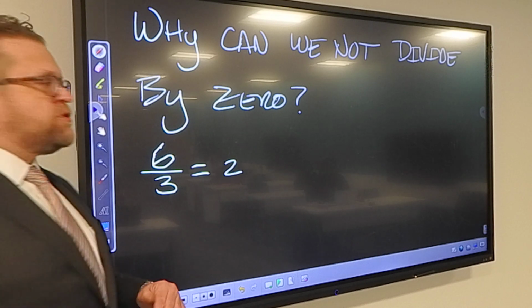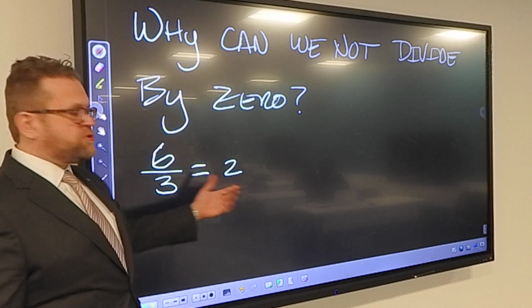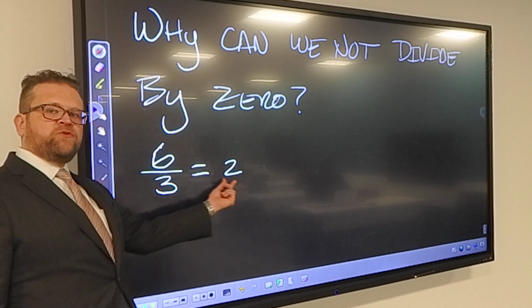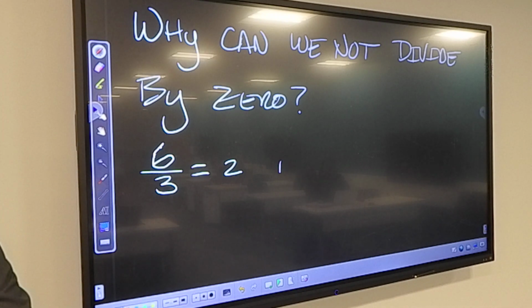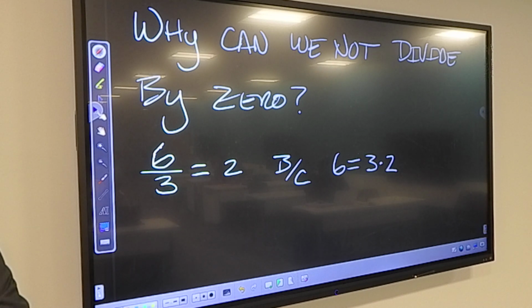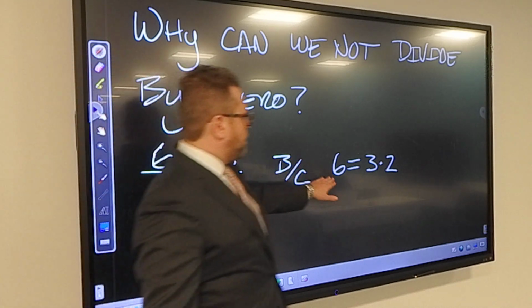But division is only in terms of multiplication. So the only reason we know this is equal to 2 is because 6 is equal to 3 times 2. That's how we know that this is 2, is because we have this.